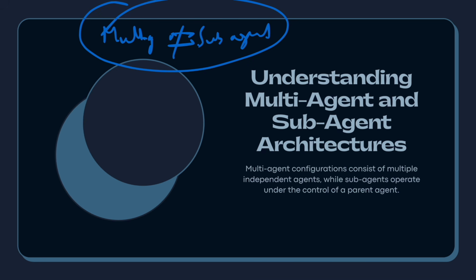It's like saying that a dog is a mammal and an elephant is also a mammal, but a dog is not equal to an elephant. Both are mammals, but they are not equal to each other. That's what I'm trying to say. So you have to have a clear idea of when an agent is called by another agent as part of its tool execution.